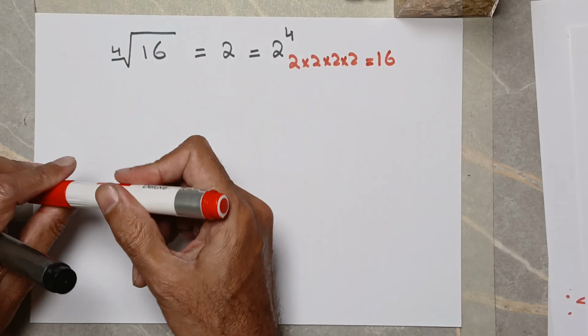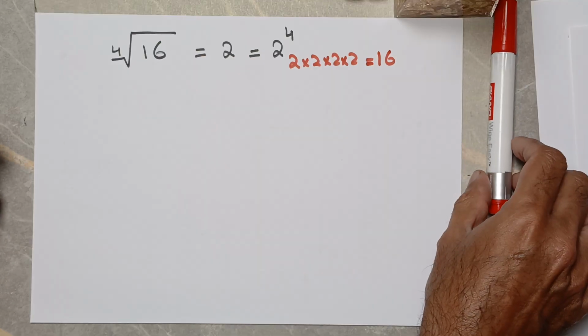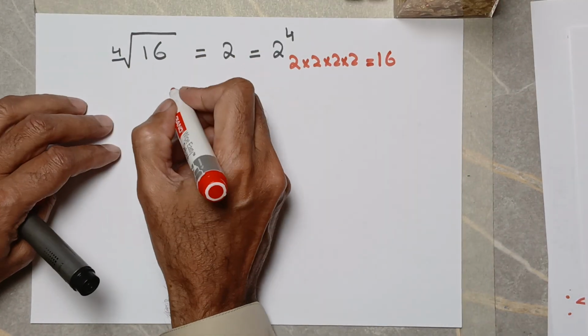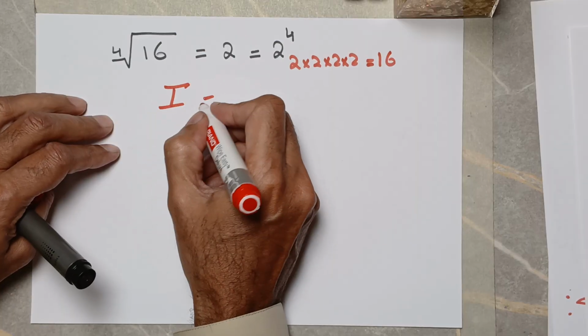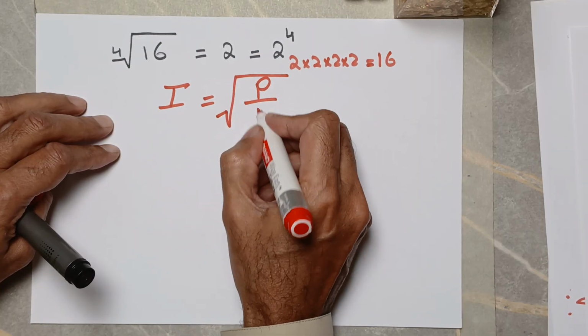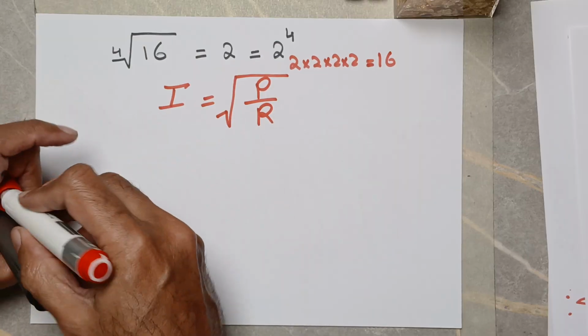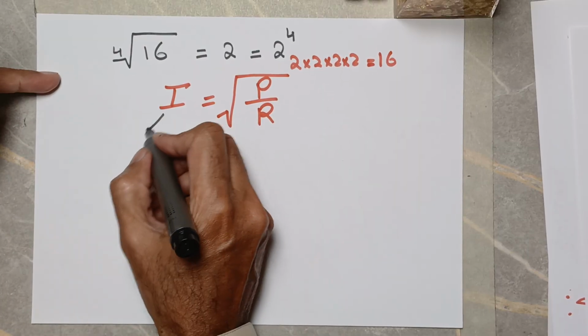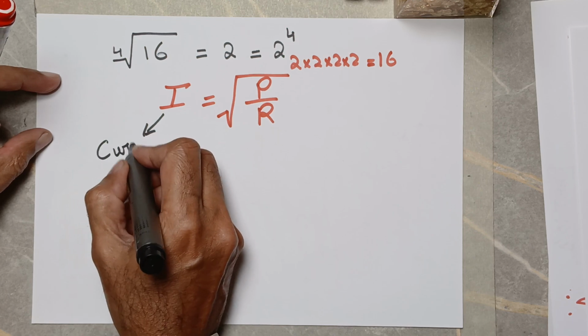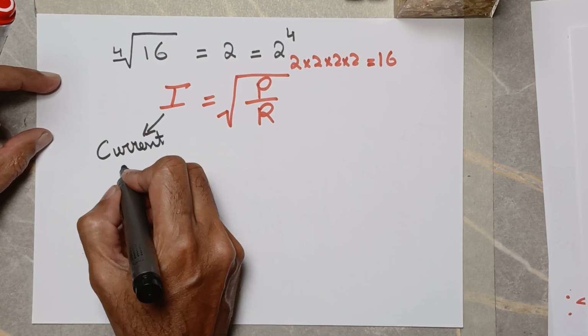Now let's move on towards a real life example. Suppose that we have got an equation where I is equal to the square root of P over R. And here your I is your current in amps, current in amperes.